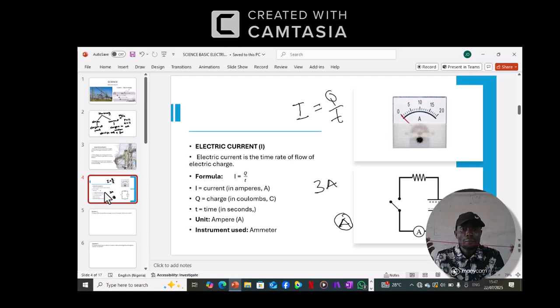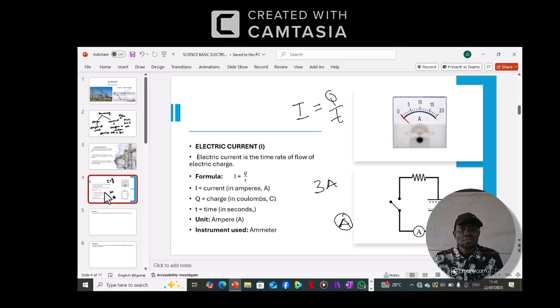Now the rate of the flow can be fast and can be slow. If the rate is fast per time, then the current will be high. But if the rate of flow is slow, then the current will be low.